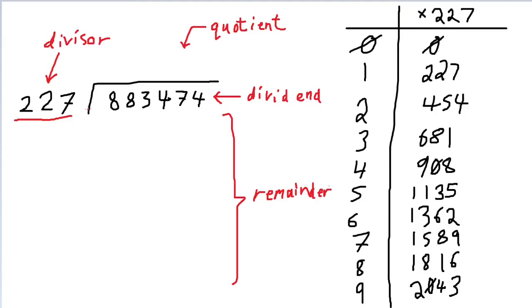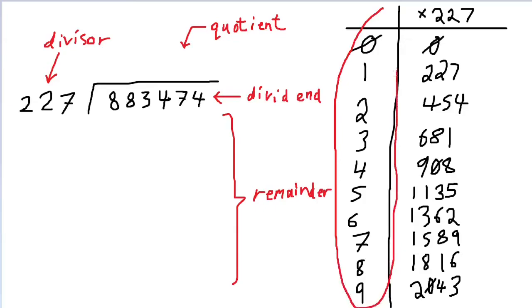Now, in order to determine which number this is, in this case, we have constructed a multiplication table. As you can see on the right hand side of the screen, in the first column of this table, we have the digits that we are multiplying by the divisor, so these are the possible quotients.